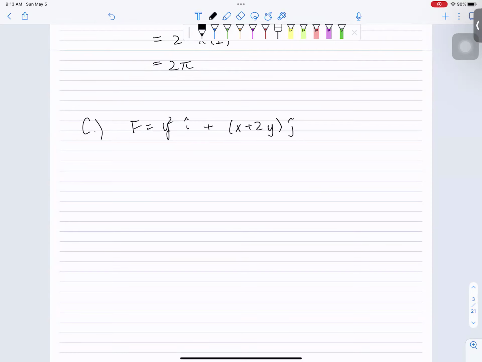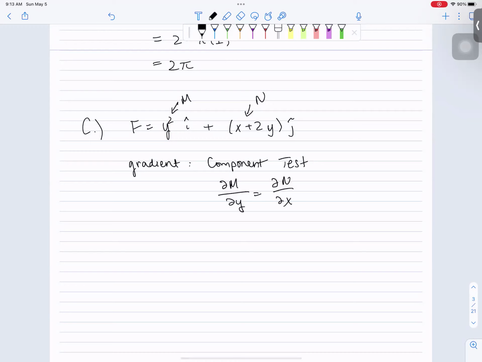In order to see if something is a gradient one form or a gradient field, you have to use the component test, which means you check all the pairwise partials and see if they're equal. Here we only have two components, which I called m and n. So I have to check that the partial of m with respect to y equals the partial of n with respect to x.